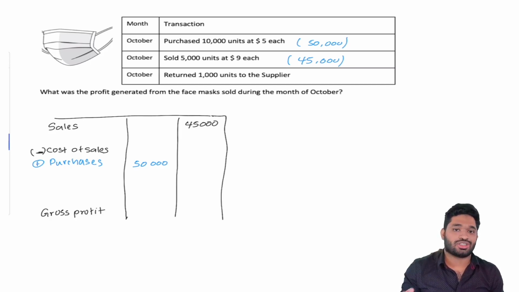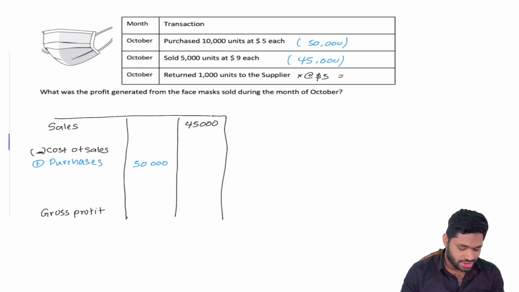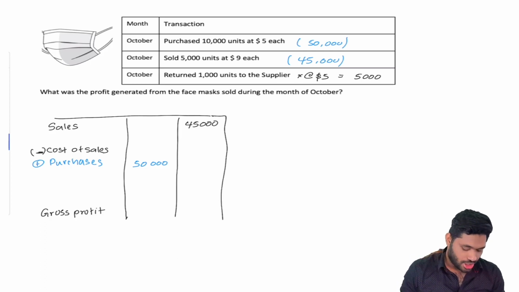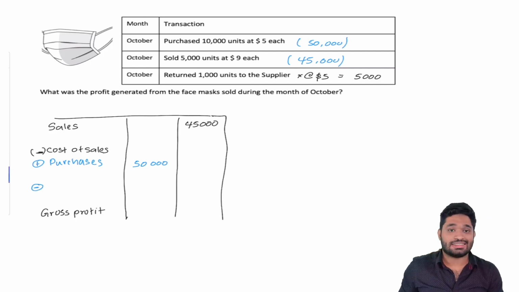You paid $5, so the supplier will refund you only $5. So these 1,000 units will be valued at $5 each. So the value of the goods that you return will be 5,000, right?